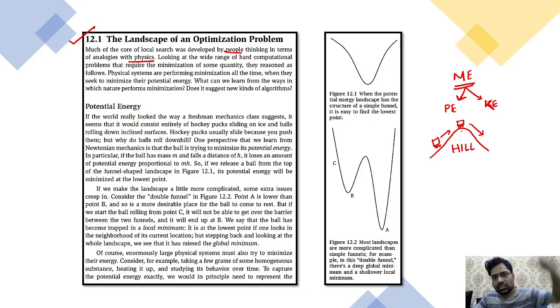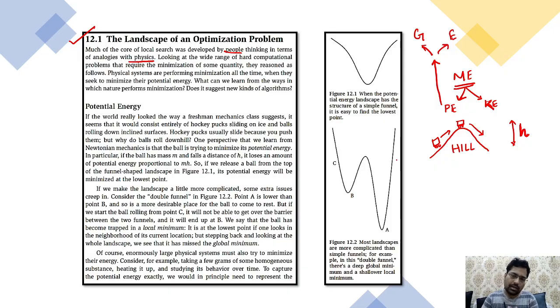Whenever it reaches a height, which I'm representing as h, the more the height, the more potential energy we are gaining. The potential energy has again two categories: one is gravitational, and another is elastic potential energy, like if you are compressing a spring.